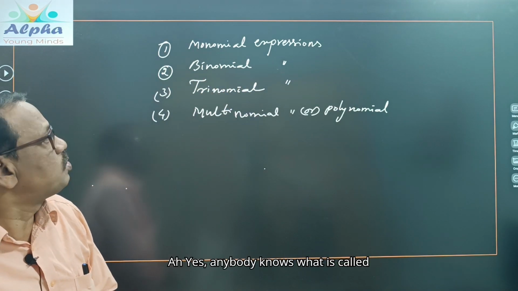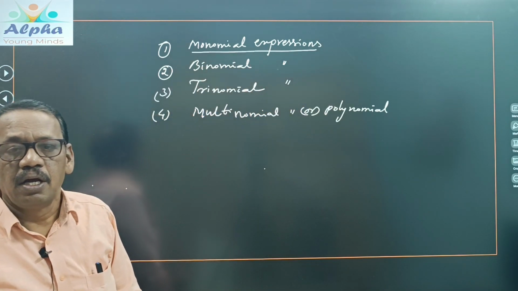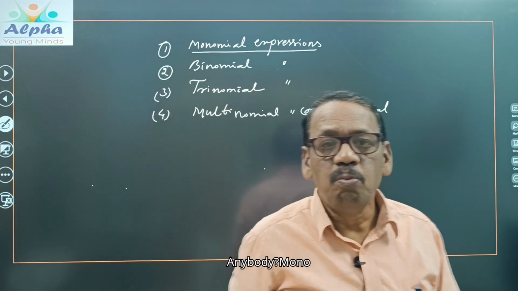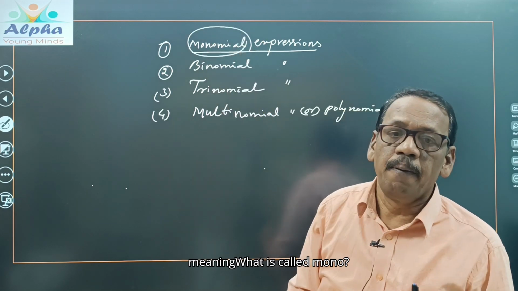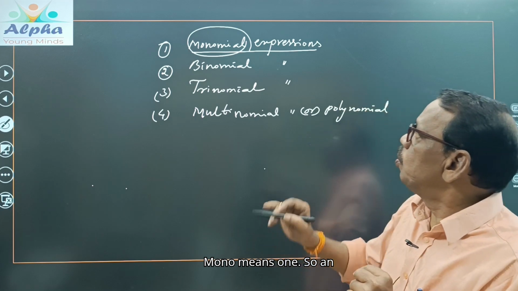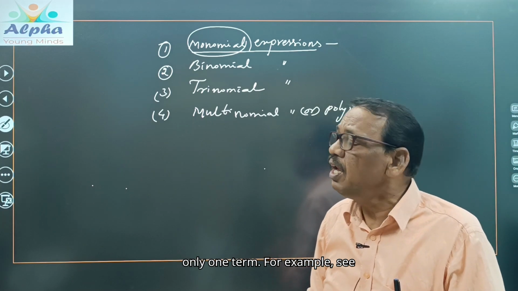Yes, anybody knows what are monomial expressions? Anybody? Mono. See, in the word itself, what is the meaning of mono? Mono means one. So, an expression which contains only one term. For example, 4x cube. Here only one term.